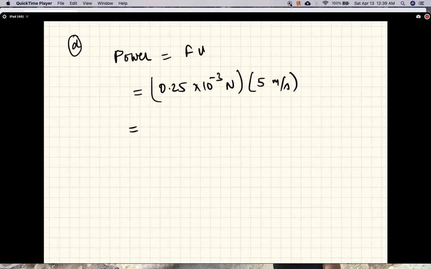And this works out to 5 times 0.25, which is 1.25 times 10 minus 3 watts.